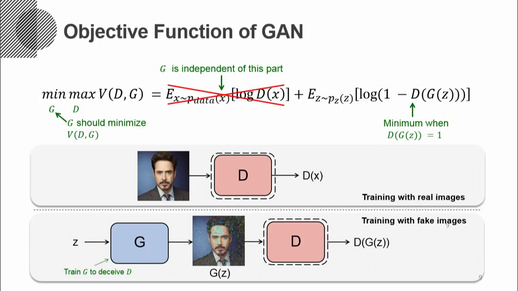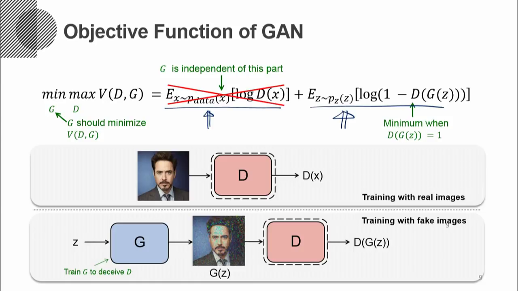And now let's look at the generator part. In this case, the generator is only involved in the second term. So the first term is actually independent of the generator.